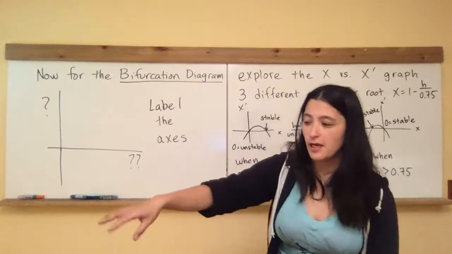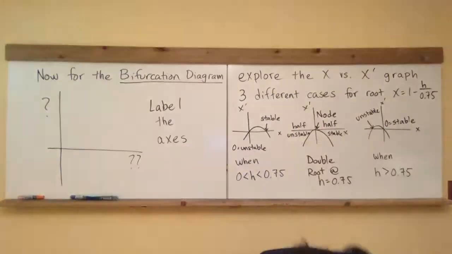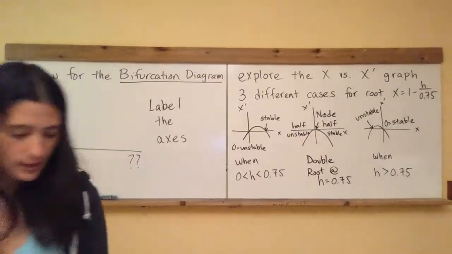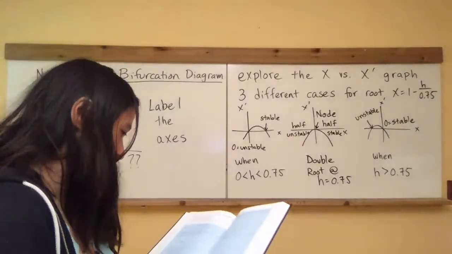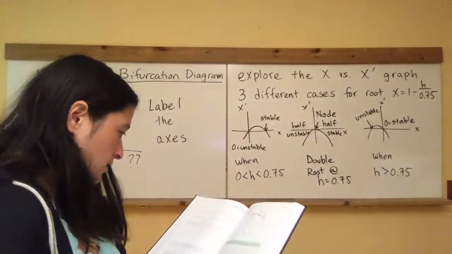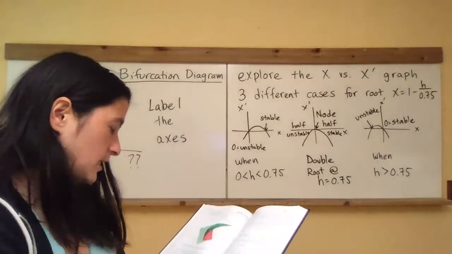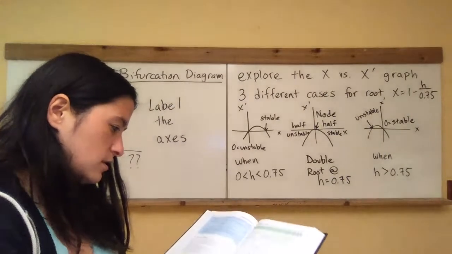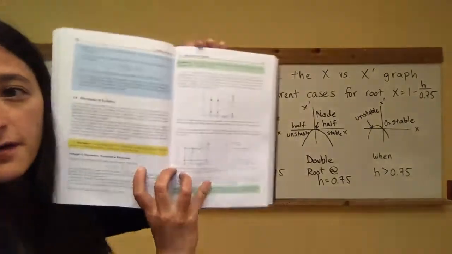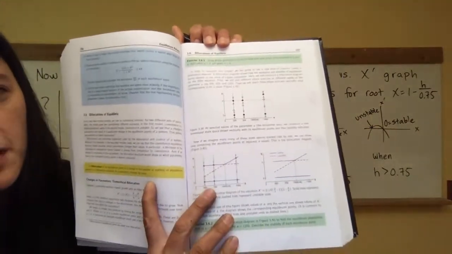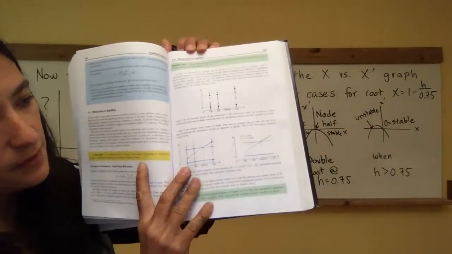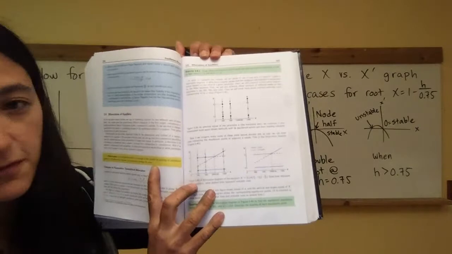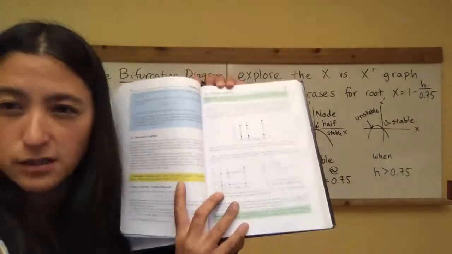And for that, keep it aligned with what you've been seeing in the book. For example, take a look at figure 3.40. Remember that we just talked about? The diagram that we're about to create is going to be similar to figure 3.40. What goes on the horizontal axis?